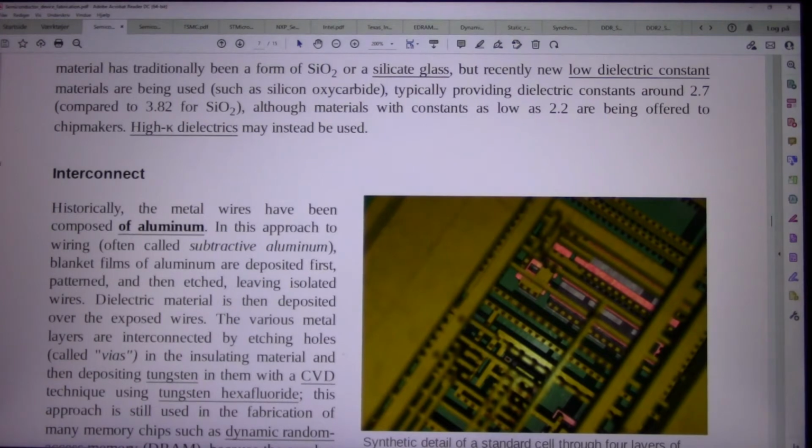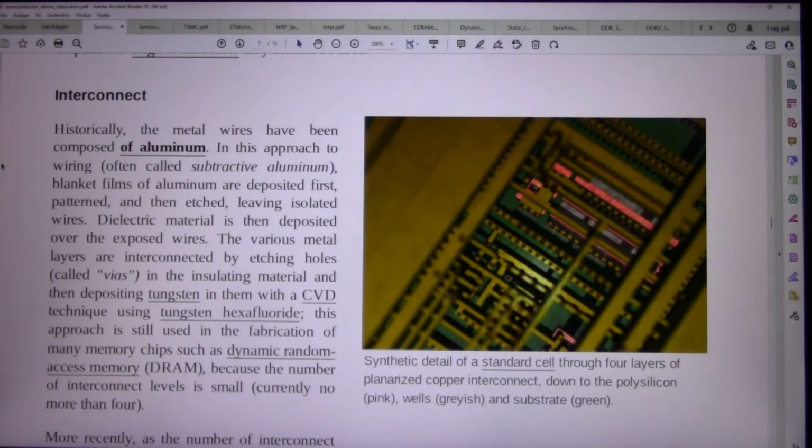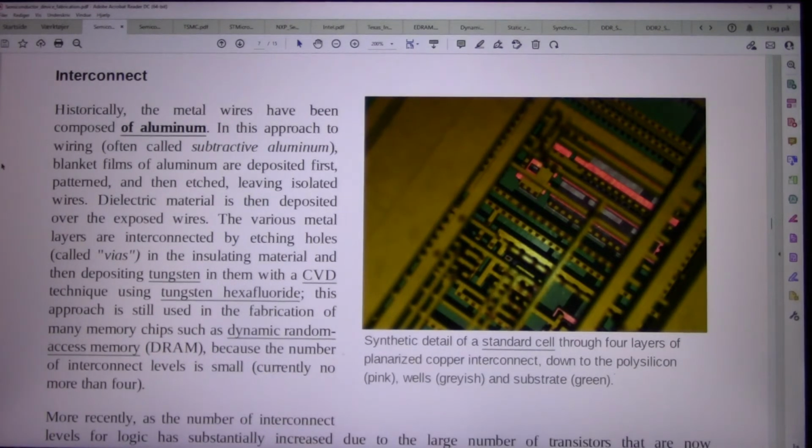Synthetic detail of a standard cell through 4 layers of planarized copper interconnect, down to the polysilicon (pink), wells (grayish), and substrate (green). Historically, the metal wires have been composed of aluminum. In this approach to layering, often called subtractive aluminum, blanket films of aluminum are deposited first, patterned, and then etched, leaving isolated wires.